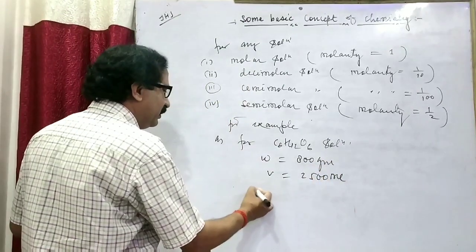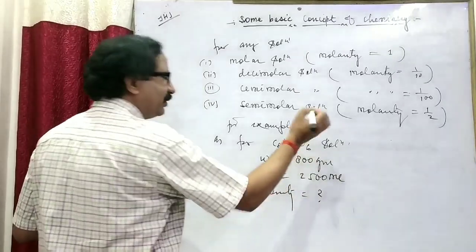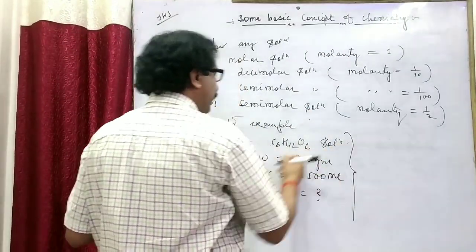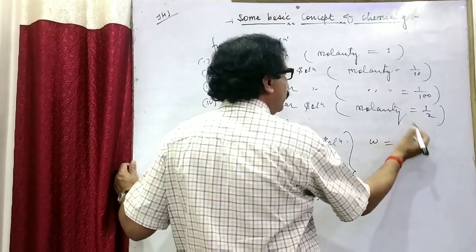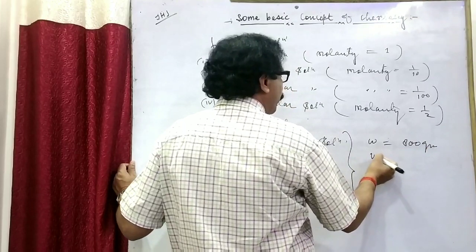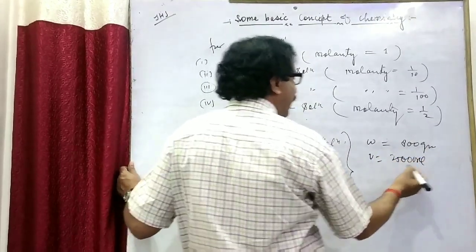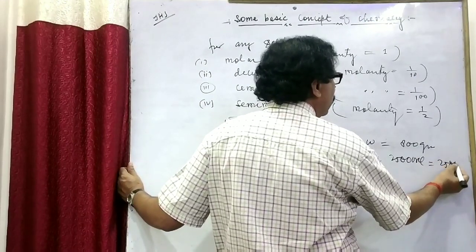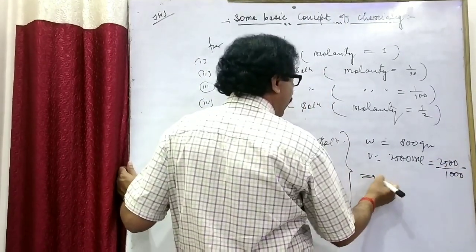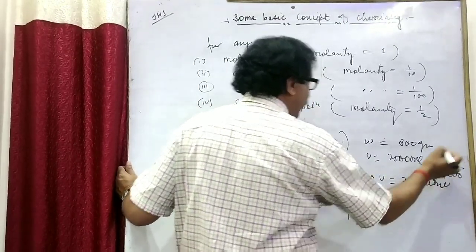Then you have to find out the molarity of this solution. How will you find it? In this case, W is given already, 800 gram. Volume is given 2500 ml and you have to convert into liter. So divide by 1000. Ultimately volume becomes 2.5 liter.